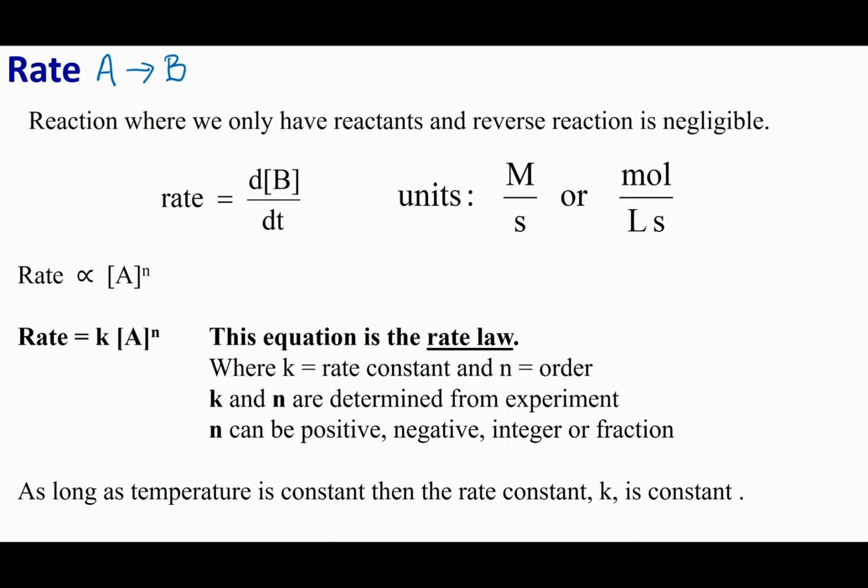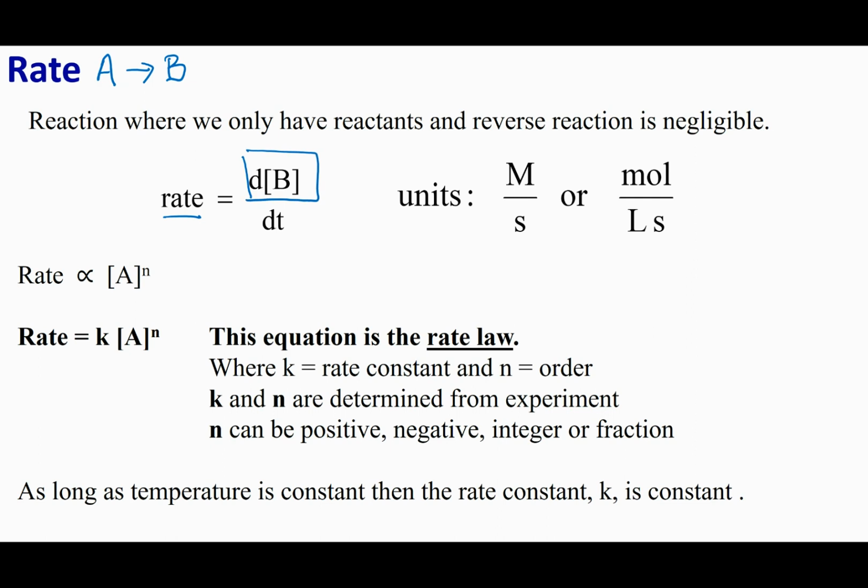Now, last time I mentioned to you guys that we can describe rate in terms of reactants or in terms of products. Now, I'll let you guys know about 90% of the time, people are going to reference rate in reference to the products. So that's what I'm going to do here. I'm going to describe rate as a change in my products versus my time.